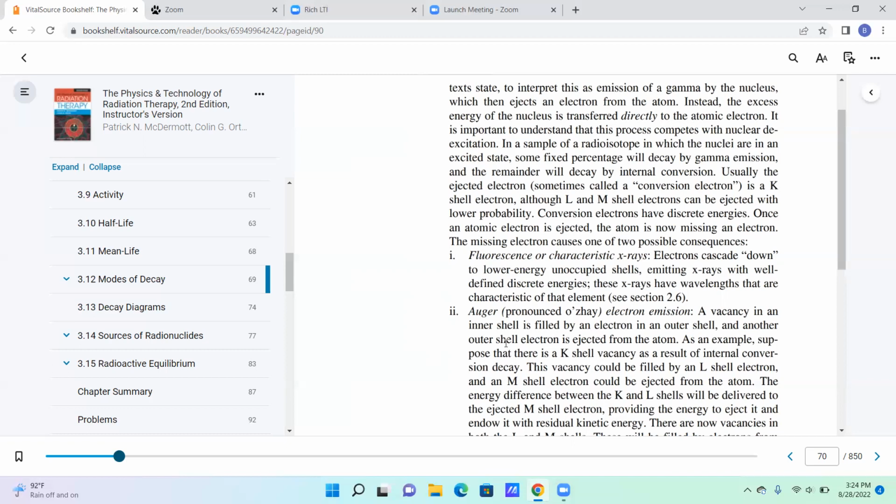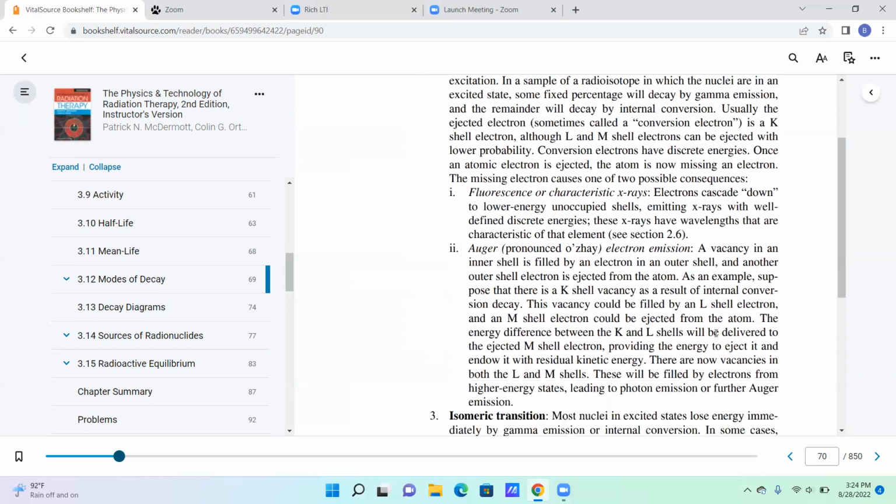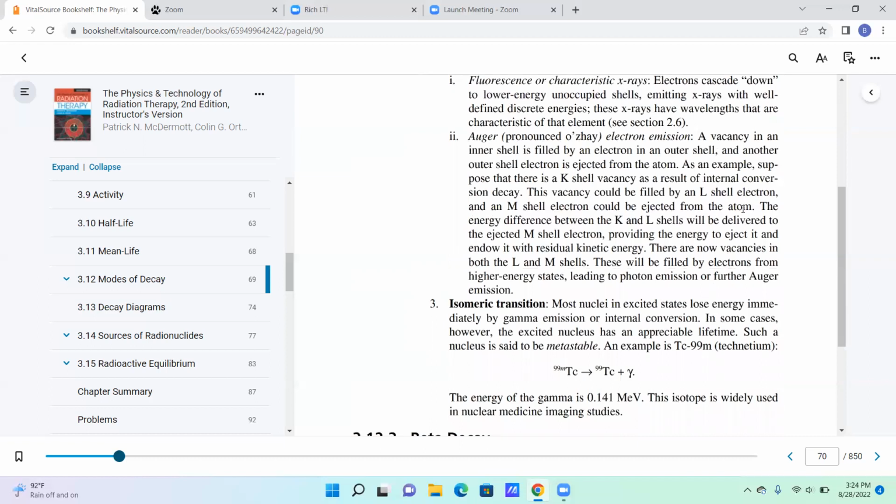And part two, there are Auger electrons. A vacancy in an inner shell is filled by an electron in an outer shell, and another outer shell electron is ejected from the atom. As an example, suppose that there's a K shell vacancy as a result of internal conversion to K. This vacancy could be filled by an L shell electron, in other words, one above it, and an M shell electron could be ejected from the atom.